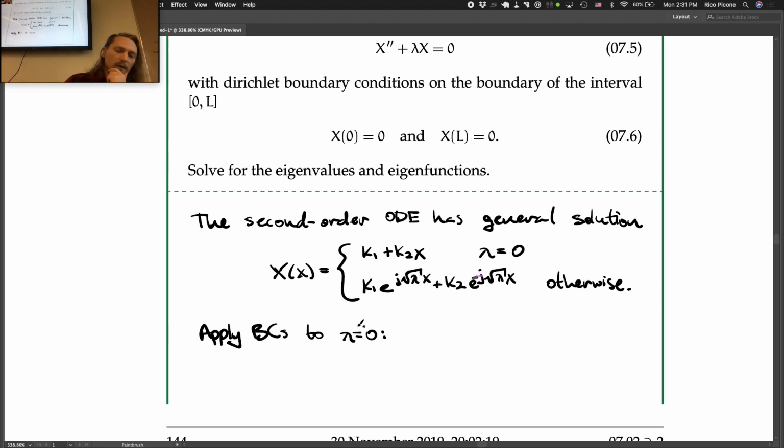Okay, so the boundary conditions are x of 0 equals 0, so this is big X of 0 equals 0, which implies that, so we have this here, we plug in 0 for x, and we have k1 plus k2 times 0 equals 0, which implies that k1 is 0.